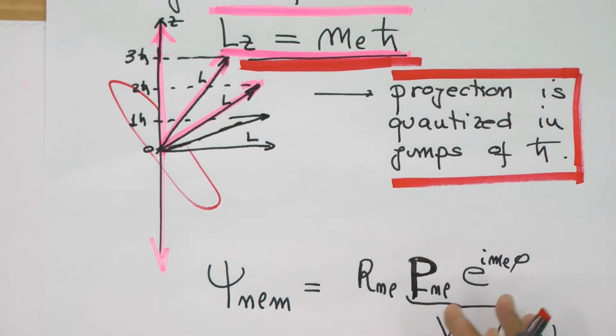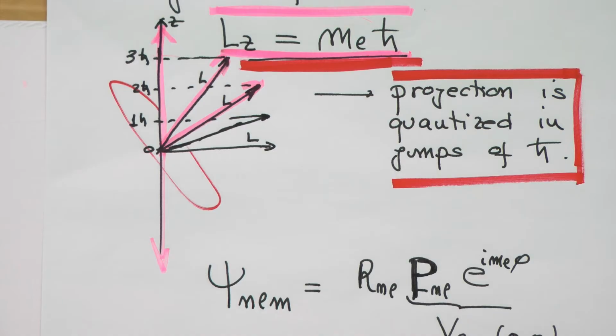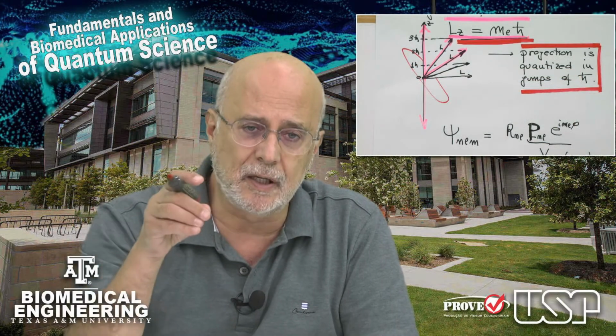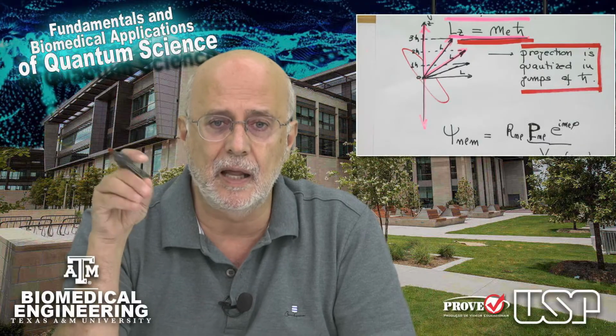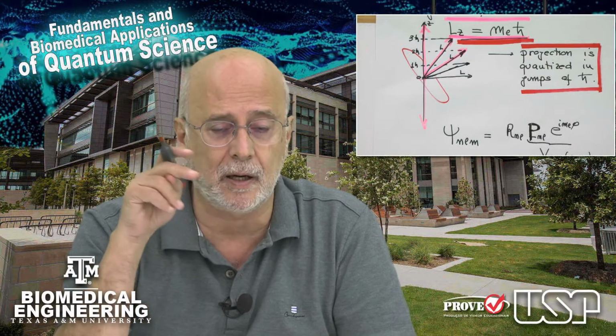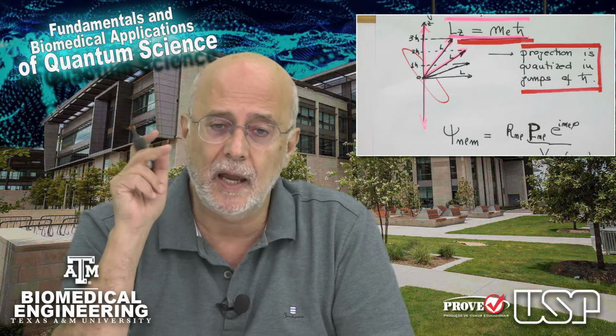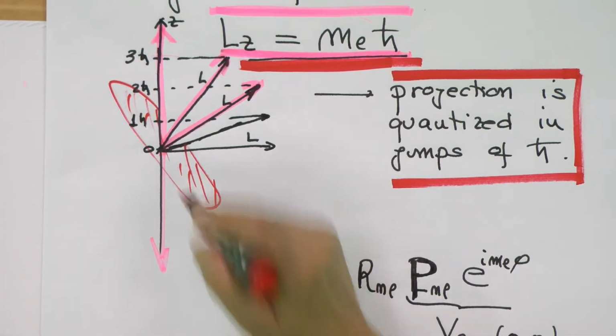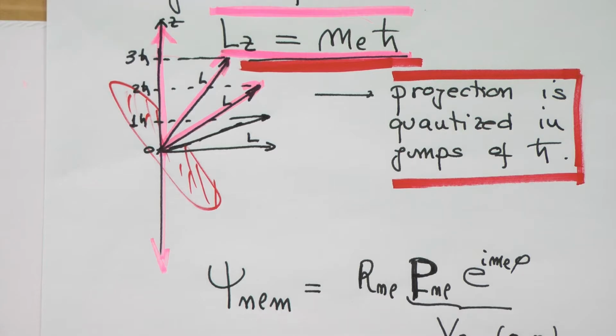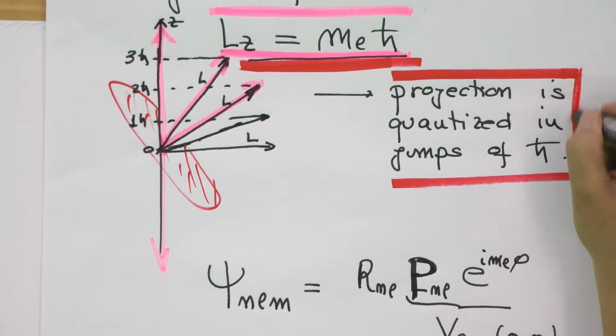There are some fundamental parts of quantum mechanics that say the z component and the total angular momentum are quantized. L squared is quantized because of the small l, and now we see the projection of the angular momentum is also quantized. Right?